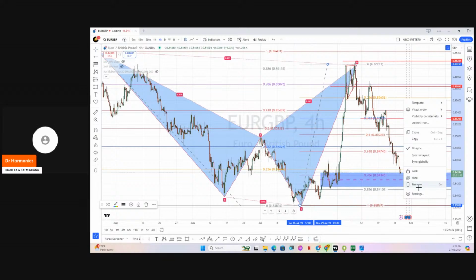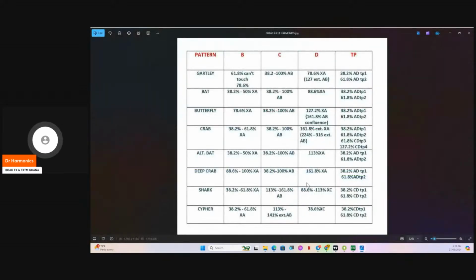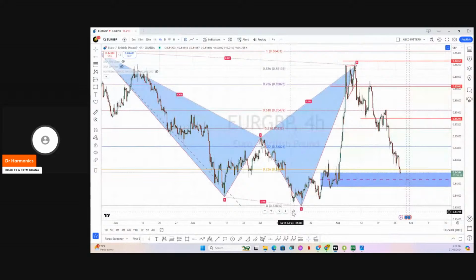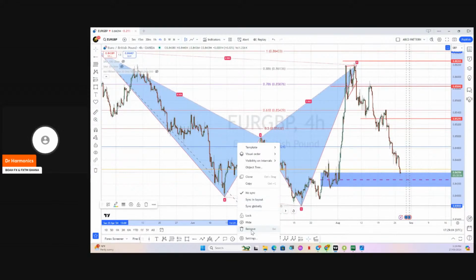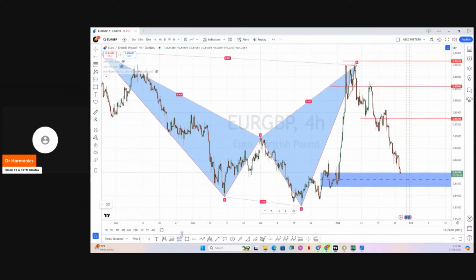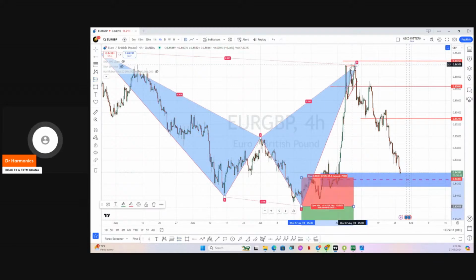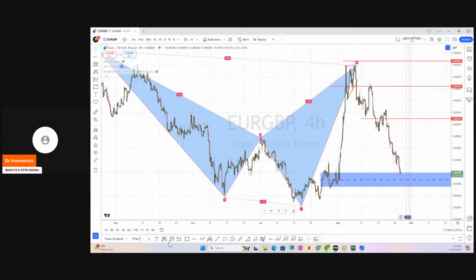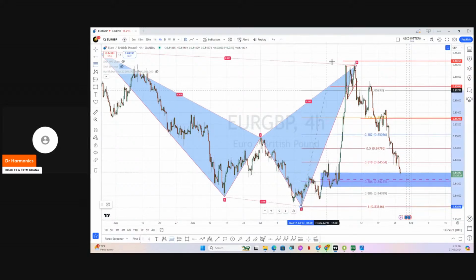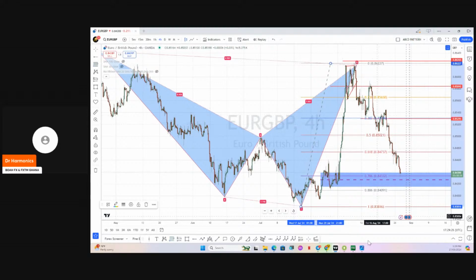Okay. Now, where is your second take profit? It's saying that when it crossed the 38.2, it should be targeting between 38.2 to 61.8 of CD, right? So you take your fib from C to D, sorry. 38.2 to 61.8.